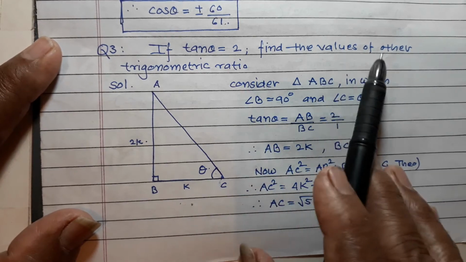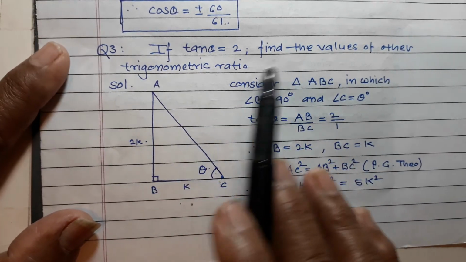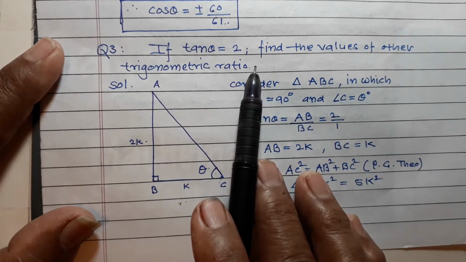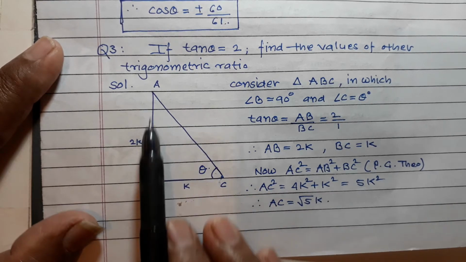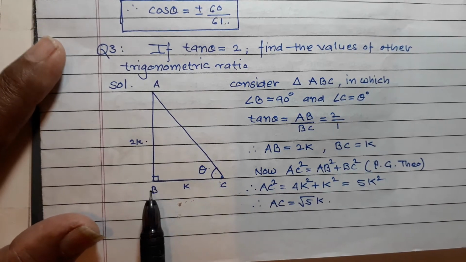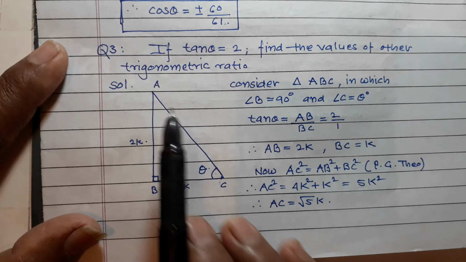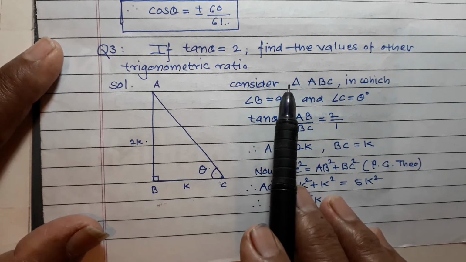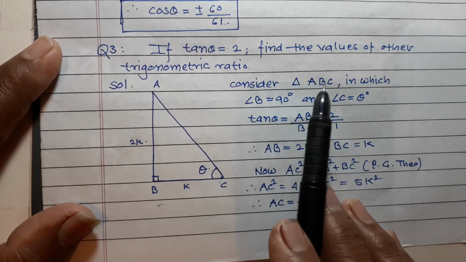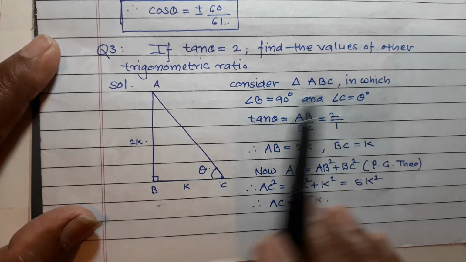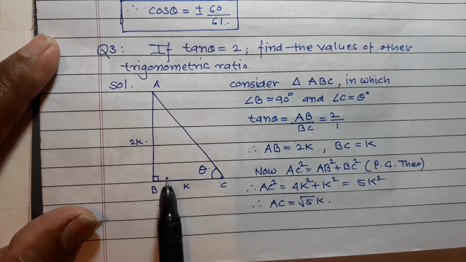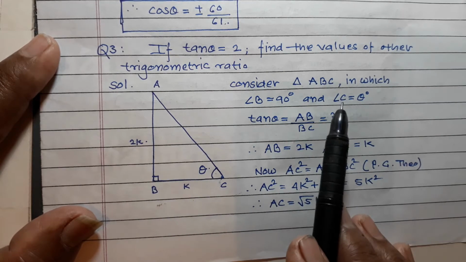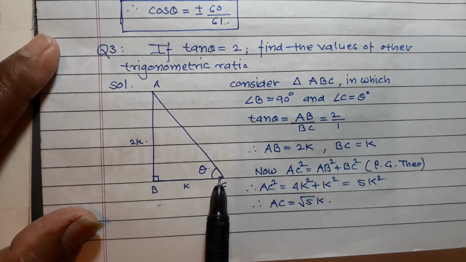Now here you don't use identities because you want all trigonometric ratios, so you apply this method. Okay, try to understand this method. Consider triangle ABC in which angle B is equal to 90 and angle C is equal to theta.